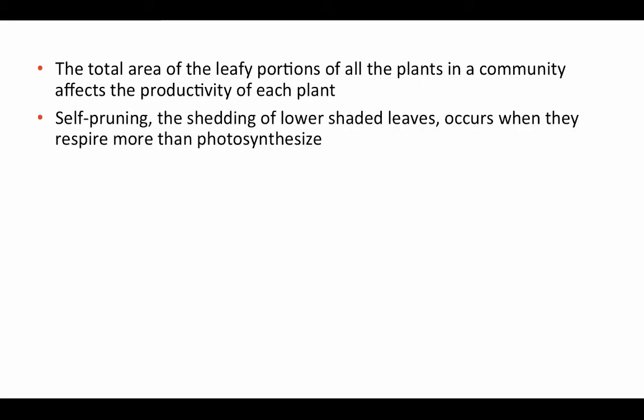If a plant finds itself not getting enough sunlight, if respiration is using up more sugar than is being produced by photosynthesis, then the plant might respond by shedding off the lower shaded leaves that are not very photosynthetically active but are still taking up resources for respiration, getting rid of those non-productive parts and just maintaining the parts that are actively photosynthesizing.